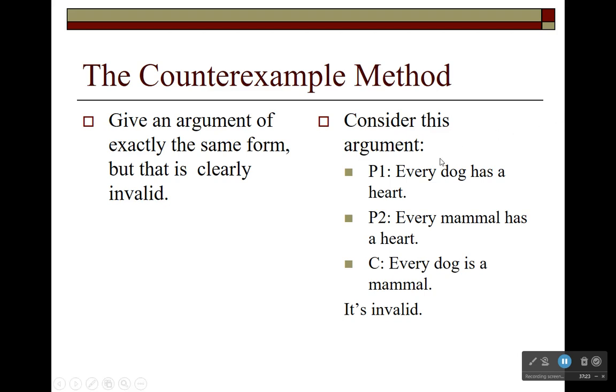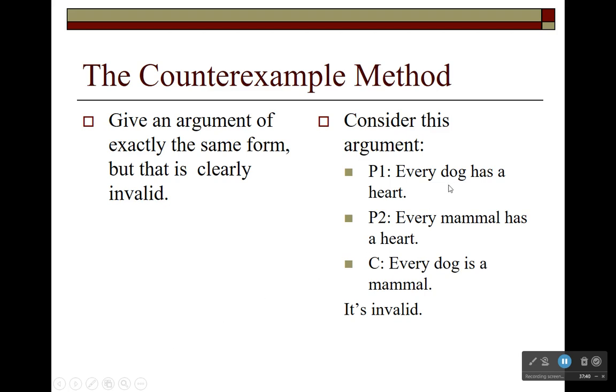So the form of this argument is roughly every x is f, every y is f, therefore every x is y. That's roughly the form of the argument. But now, what if we plugged in something different for x and y?